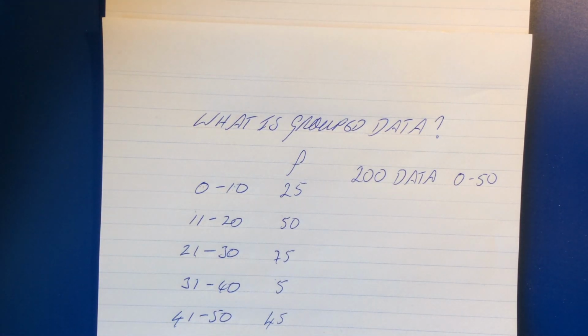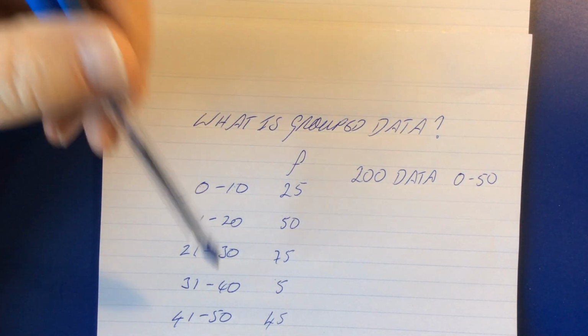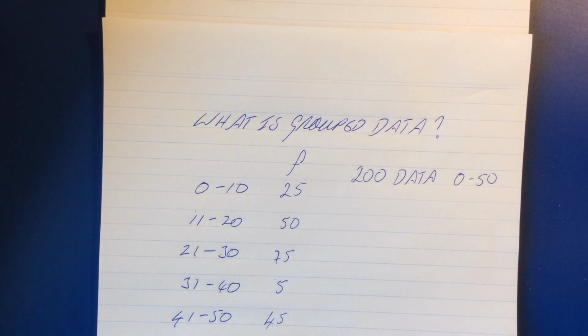And the whole idea of things like charts and graphs and the idea of grouped data, all of that sort of thing, is to make what is a difficult group of numbers, because of its size or its complexity, a lot simpler to understand. So that's what grouped data is.